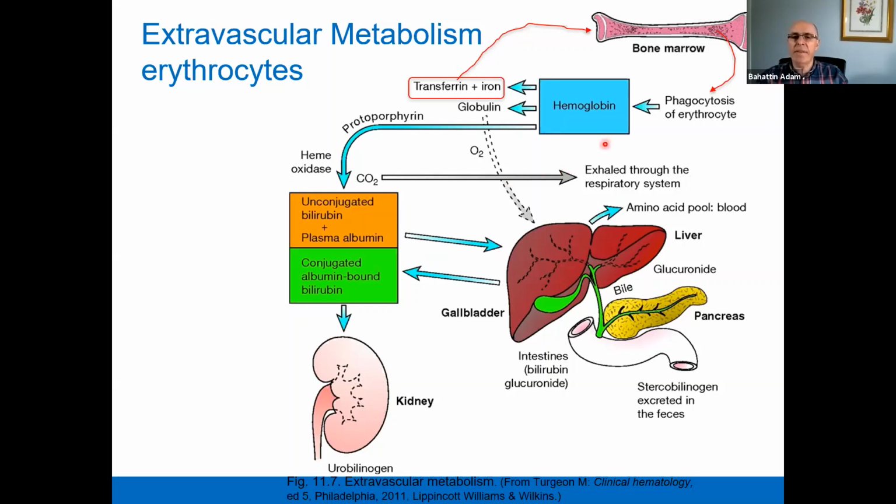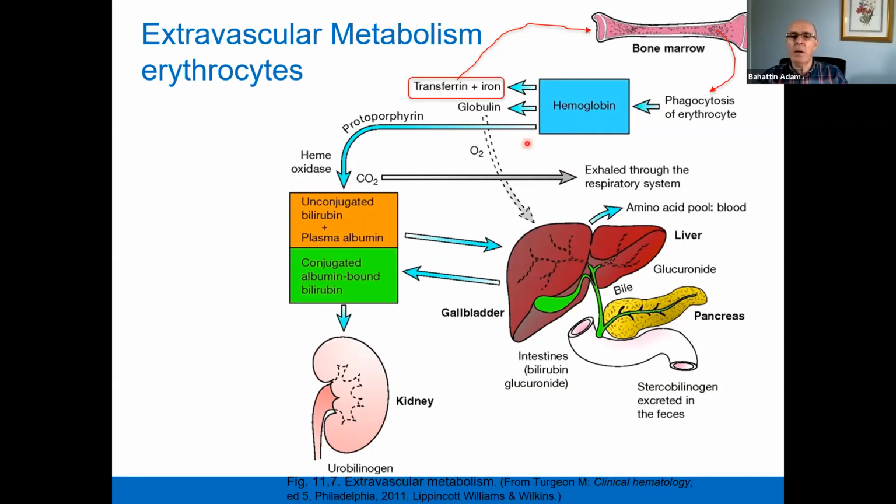The hemoglobin will break down to make globin and porphyrin, and the iron is combined with transferrin. Transferrin is a transport protein of the iron, and then takes this iron into the bone marrow.